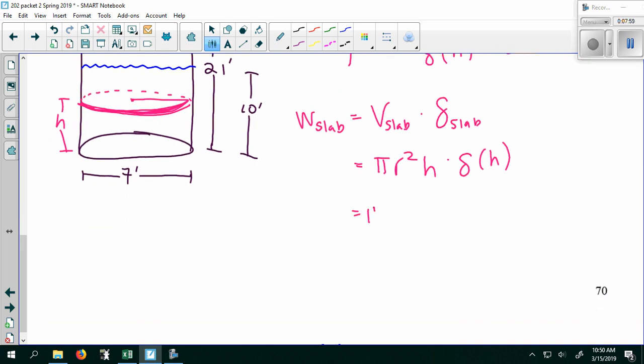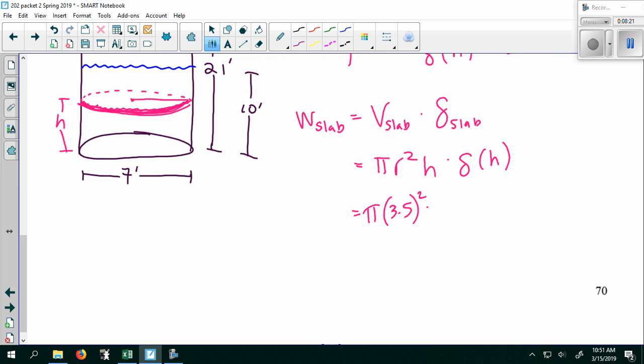So this is pi times 3.5 squared times, what is the height of this really skinny cylinder? What should I call it? That's the height from the bottom up to my slice. I just want the height of my slice. Delta H, right?